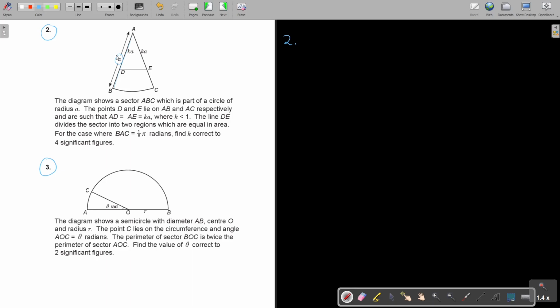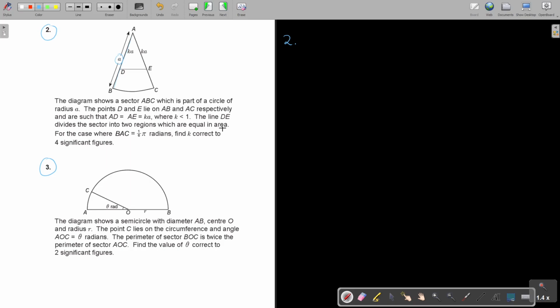The line DE divides the sector into 2 regions, which are equal in area. For the case where BAC is 1 over 6 pi, so think of your special triangles, radians, find K correct to 4 significant figures.